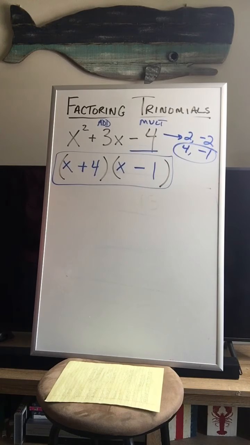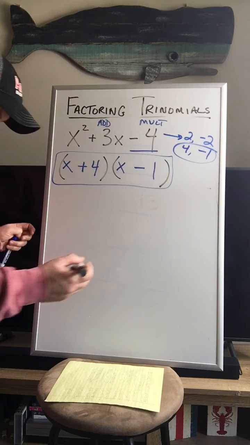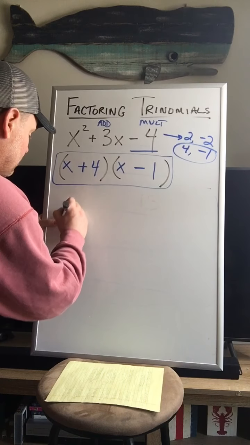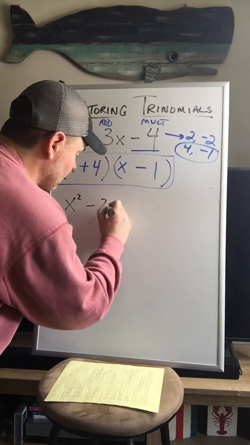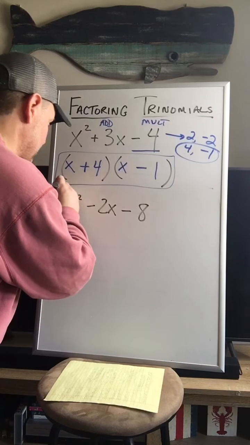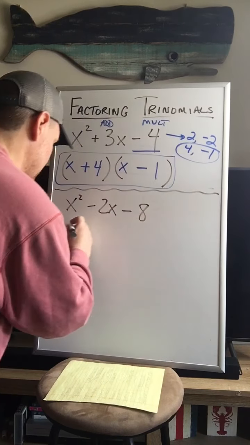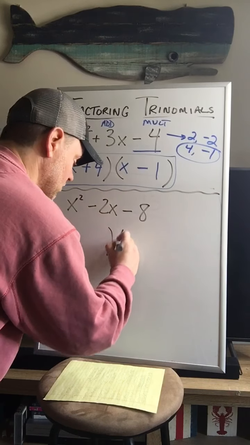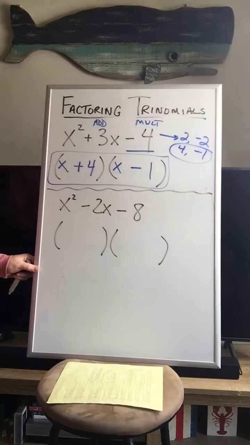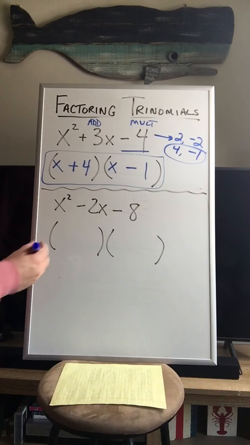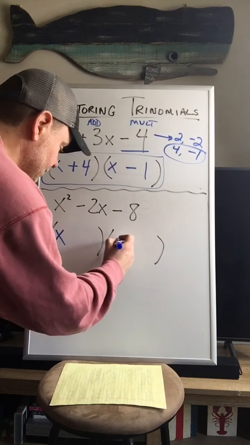Okay? So what if we had x squared minus 2x minus 8? Now, we again know it's going to be x and x.